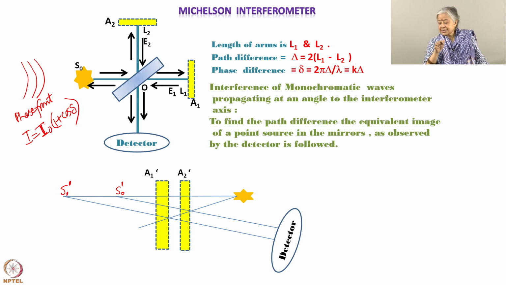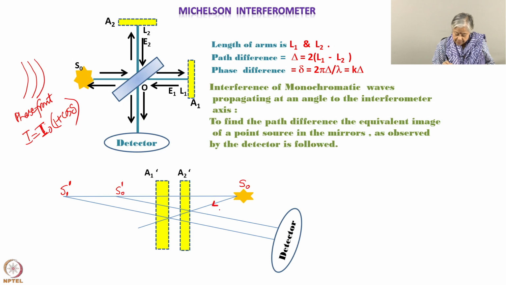Okay. So, what is the detector seeing? This detector is actually seeing an image here and the image here. That means it is seeing the image on this mirror A1 and on this A2. So, actually if you put it this way, this is the source S0 and these are the two images because of those two mirrors.